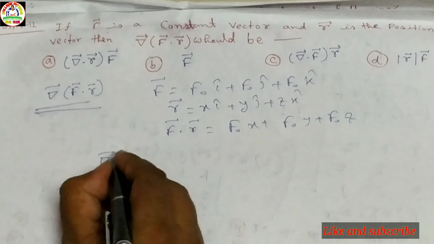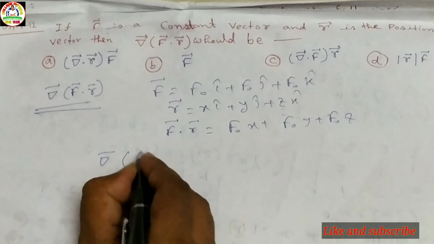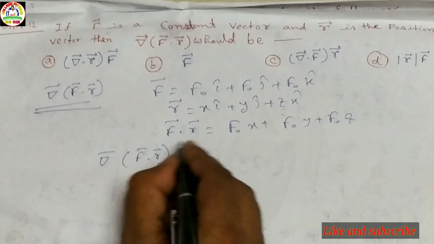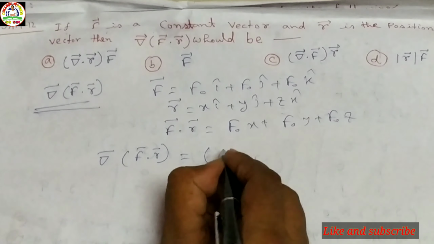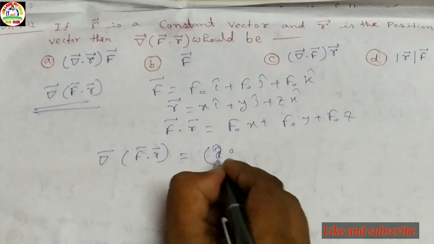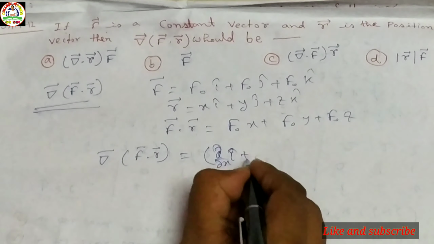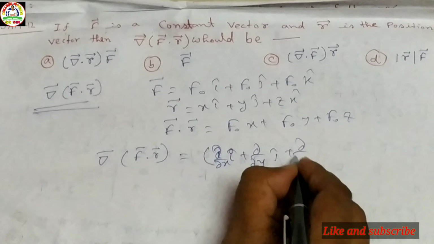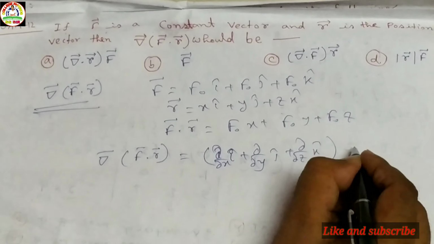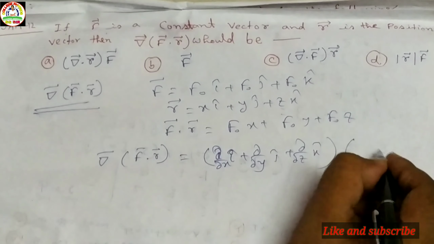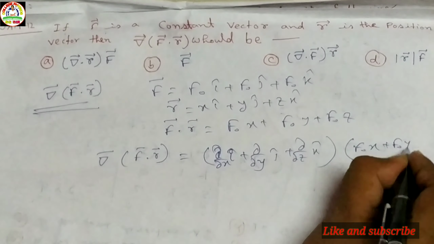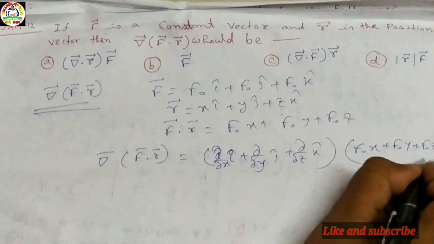Now we calculate gradient of F dot R. So F dot R is a scalar function, so del by del x i cap plus del by del y j cap plus del by del z k cap dot into the function F0x plus F0y plus F0z.